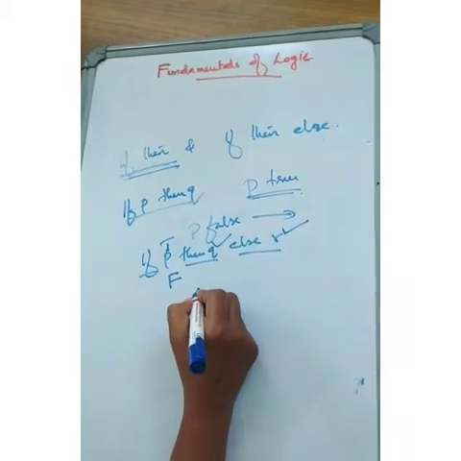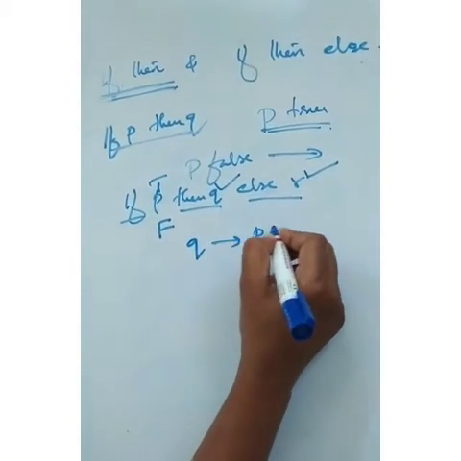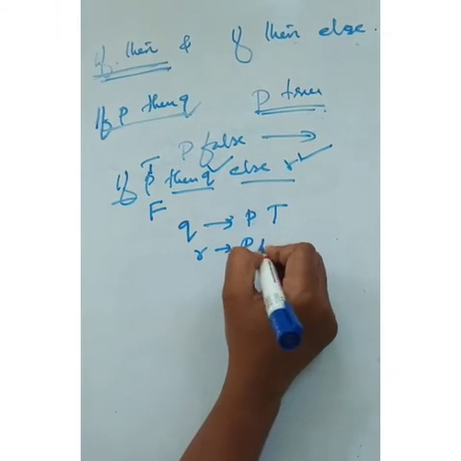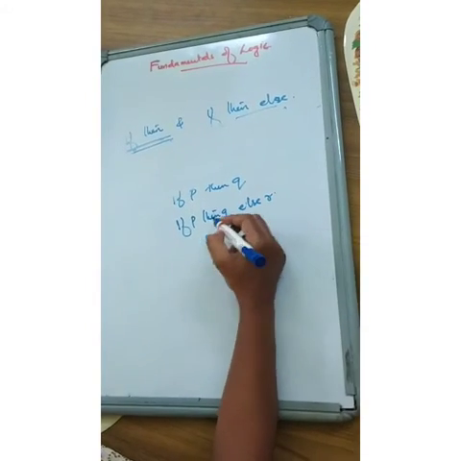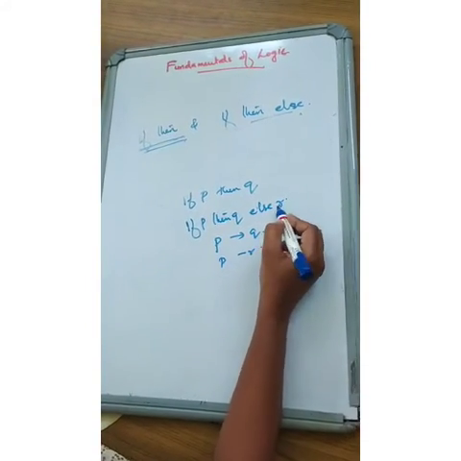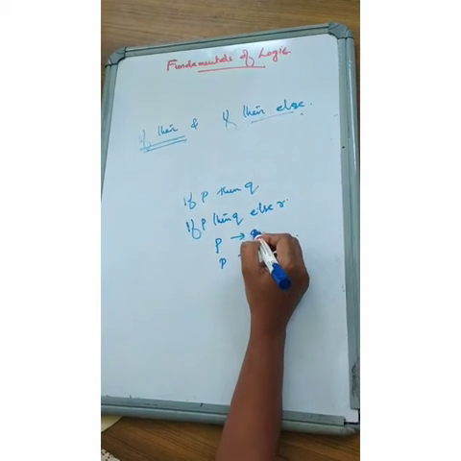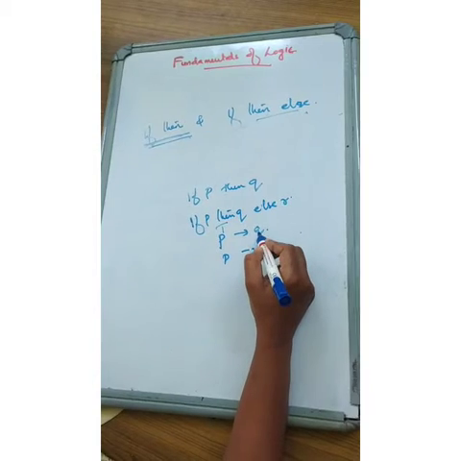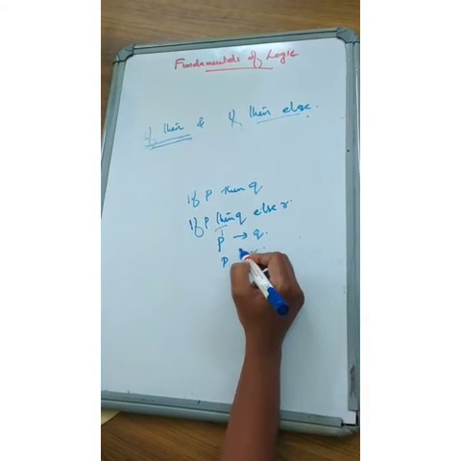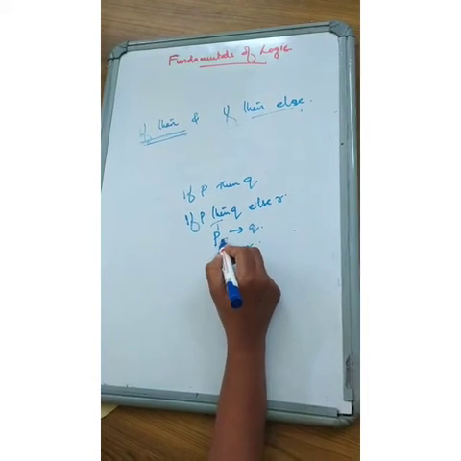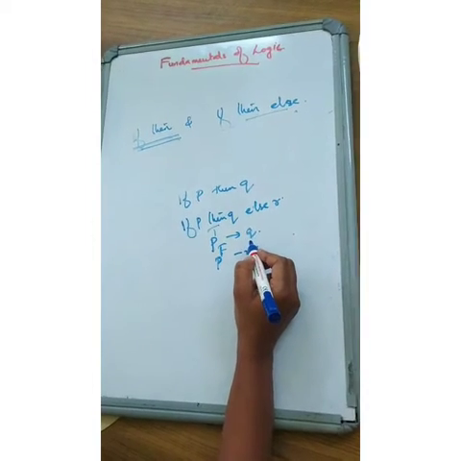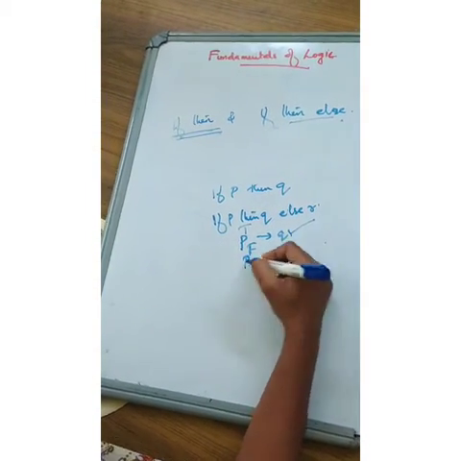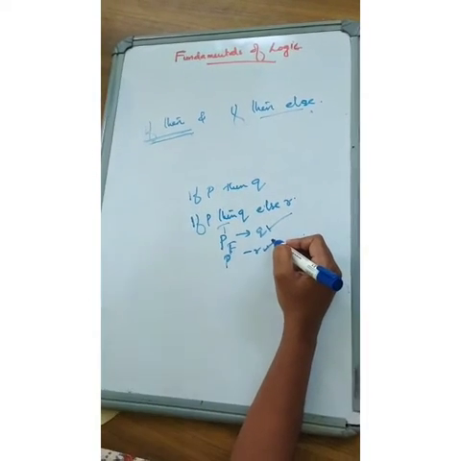So if P then Q else R, Q will take the value when P is true and it will take the value R if P is false. So when P is true, Q is executed and when P is false, R is executed.